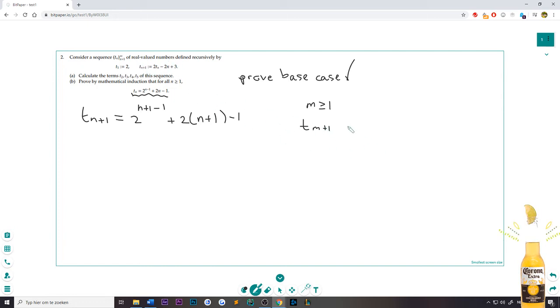And so t of m plus 1 is going to be 2 times 2 to the power m minus 1 plus 2m minus 1 minus 2m plus 3, okay? So what we do is we take this formula and substitute it into the formula on top here.